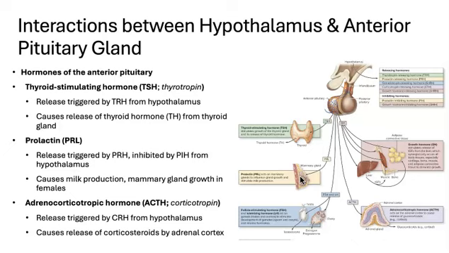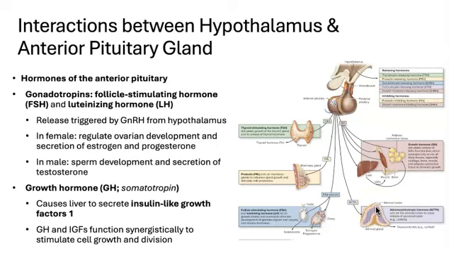Next, we have our adrenocorticotropic hormone, or ACTH, and this is triggered by the corticotropin releasing hormone in the hypothalamus that travels down to the anterior pituitary gland and over to the adrenal cortex so that we can release corticosteroids.